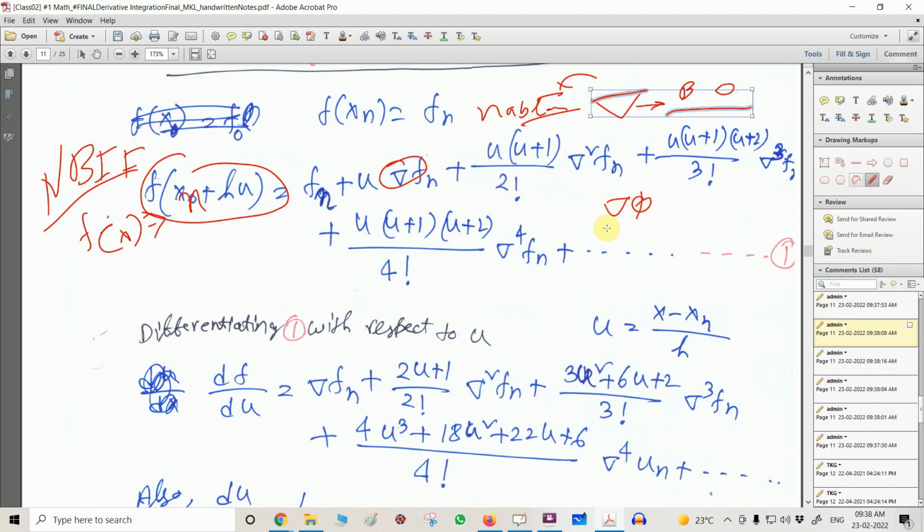You know grad, curl, divergence. So you can say it's inverted delta or nabla. So fn plus u nabla fn, that was the del operator. Write this formula down.